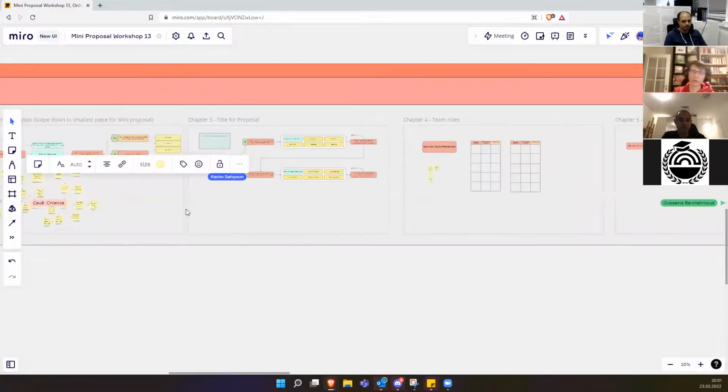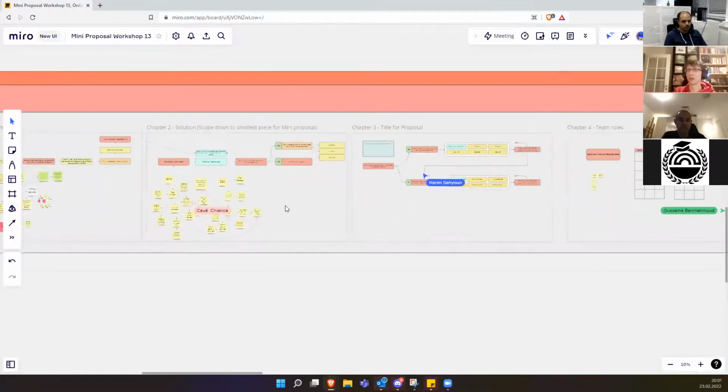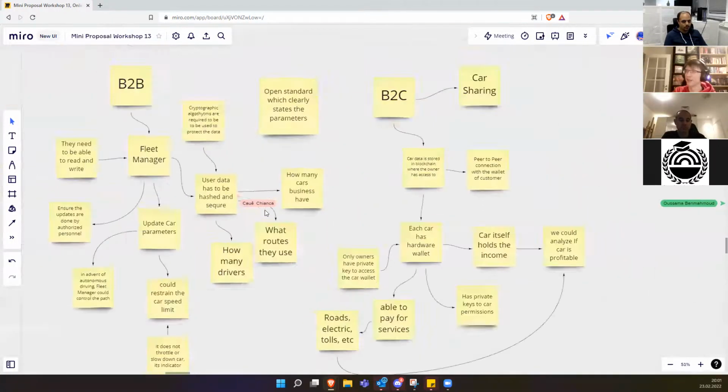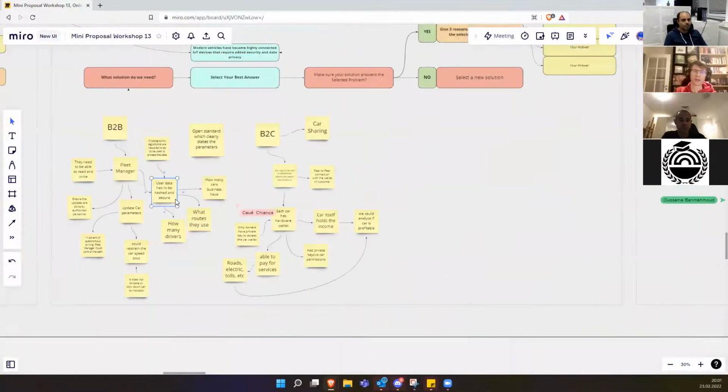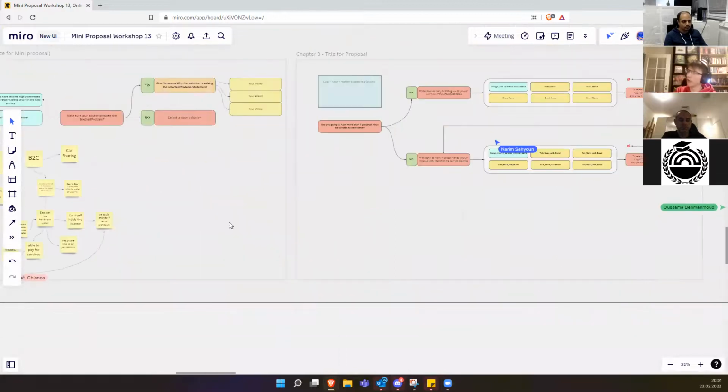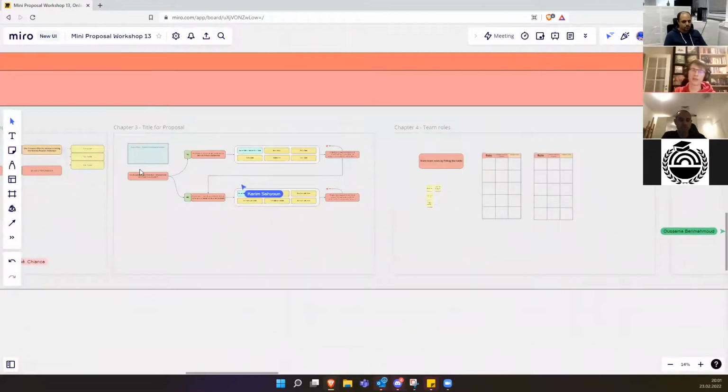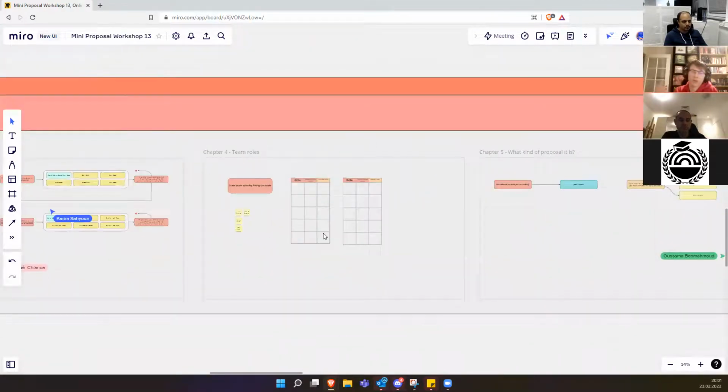But once you go through this once, you're able to say, okay, now my second proposal is about how do I hash it? How do I make it secure? You can reuse a lot: the title slightly differs, the team roles are the same, so you can just copy paste the same team information.